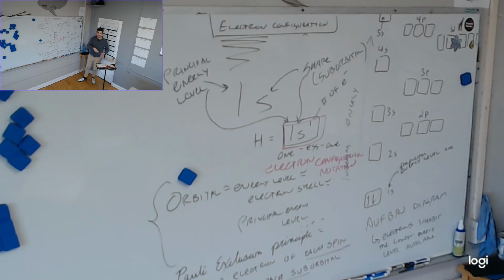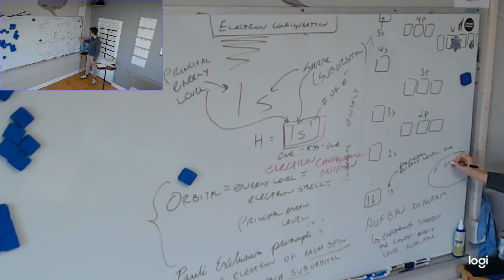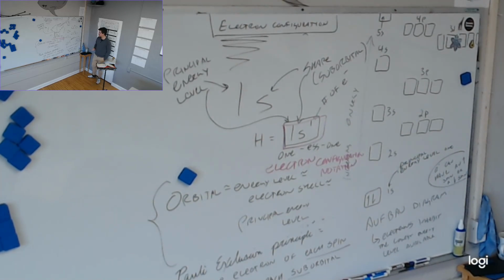Electrons can have, and in fact they must have, an up spin or a down spin.